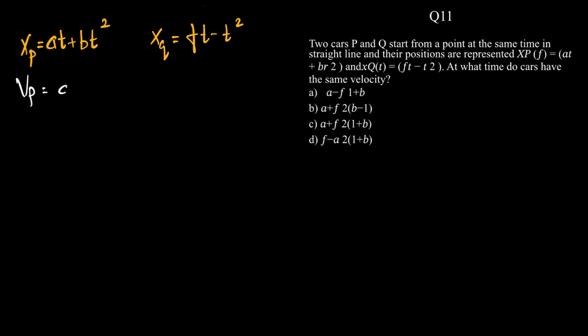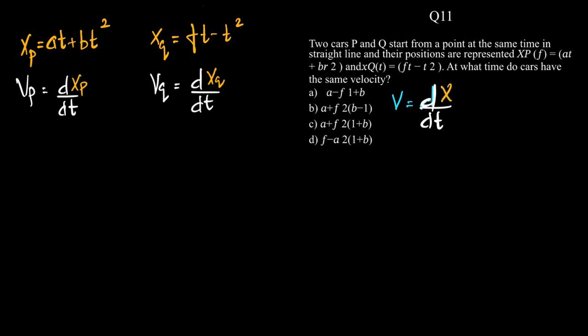VP would be d by dt of XP. And what is VQ? VQ would be d by dt of XQ. Why so? Because we know that velocity is the rate of change of displacement, right?